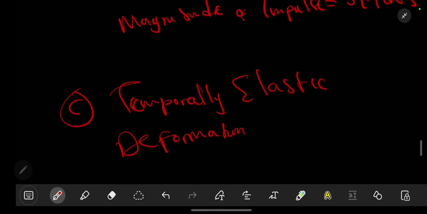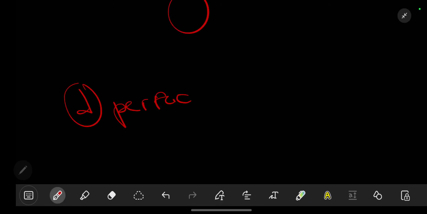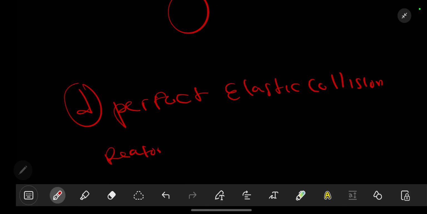That's number one. So if you were asked for a reason for D, it is a perfect elastic collision for the reason momentum was conserved, though for an inelastic collision momentum is still conserved. So you can add momentum is conserved.